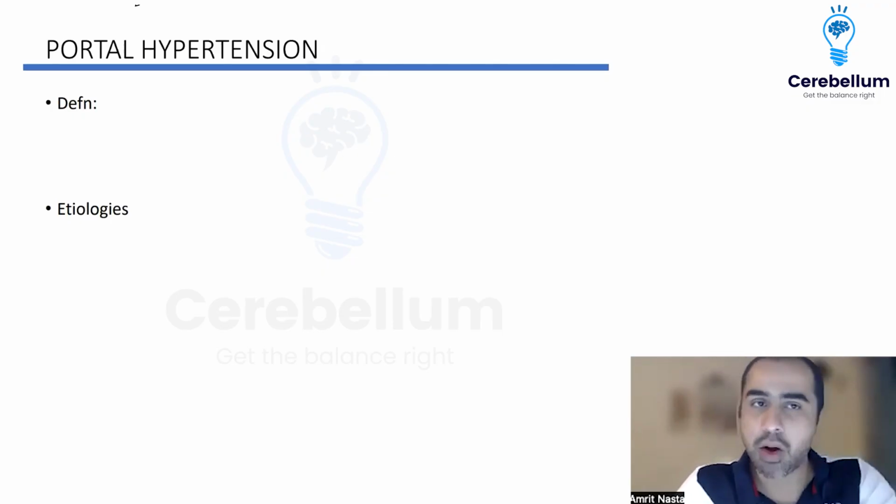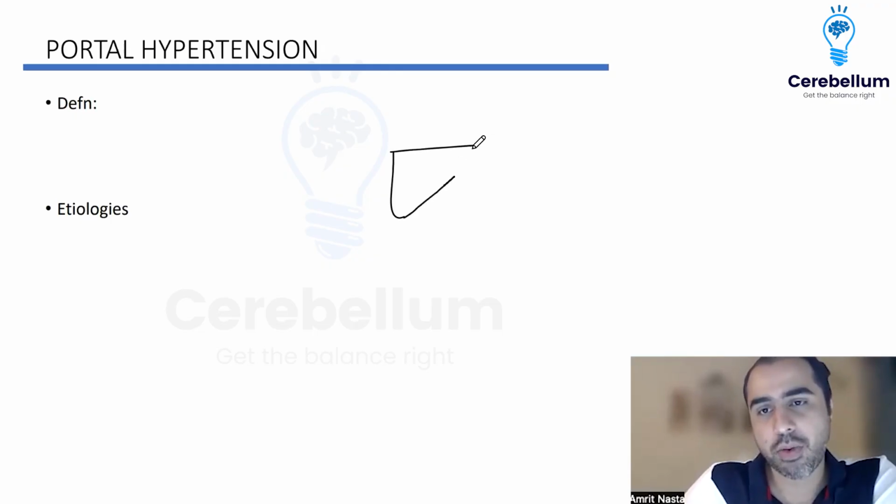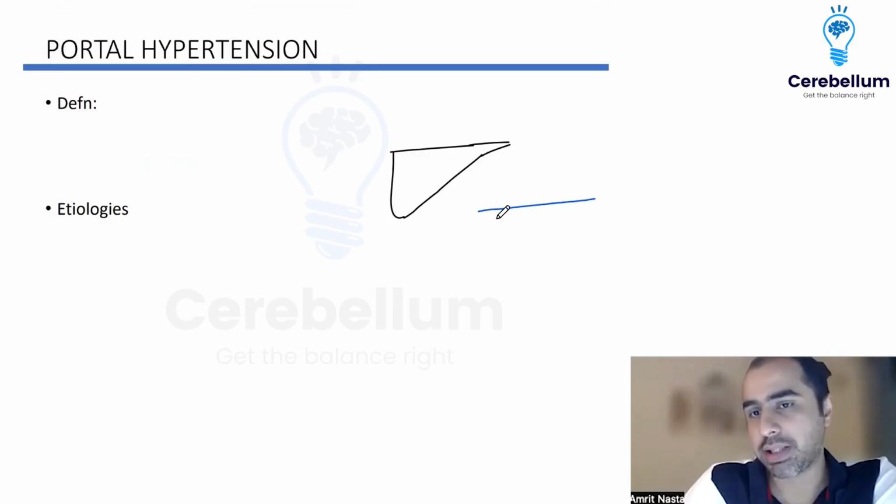Okay. Now, what is portal hypertension and what's the big deal about it? First, we'll give you a little anatomy of portal hypertension. I already told you some part: I have the liver over here and the liver is supplied by the portal vein. Portal vein is formed by two veins. One part comes from the spleen, the splenic vein.